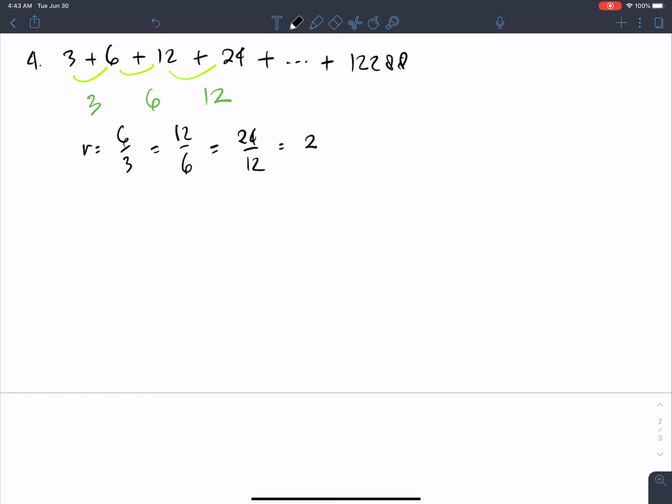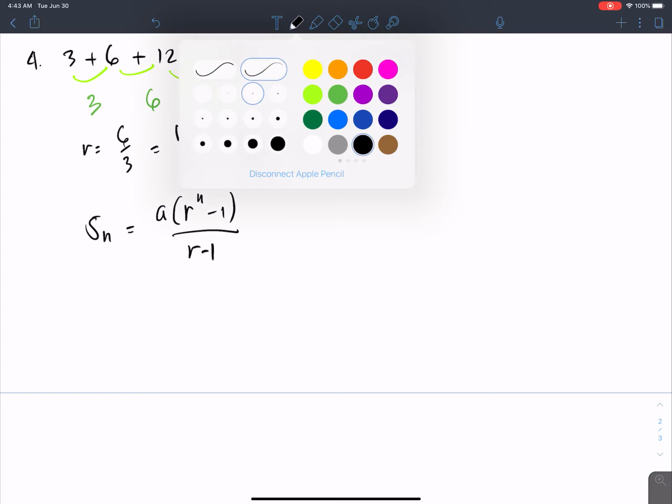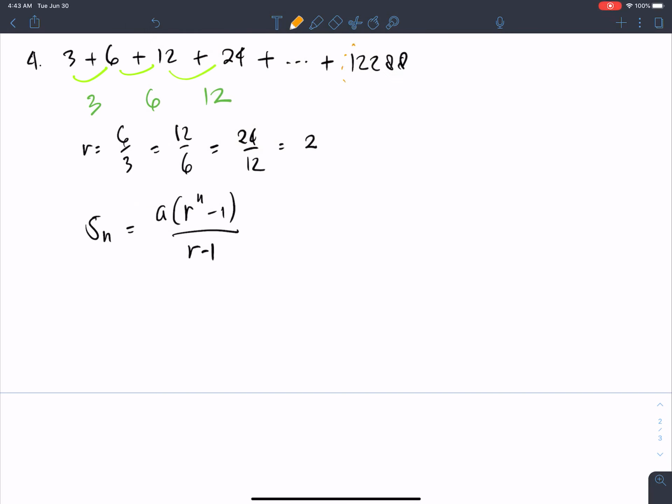So for geometric series, the formula we already know is S_n equals a times r to the power of n minus 1, divided by r minus 1. So we need to know first, this 12288, what term, what n comes with this value.